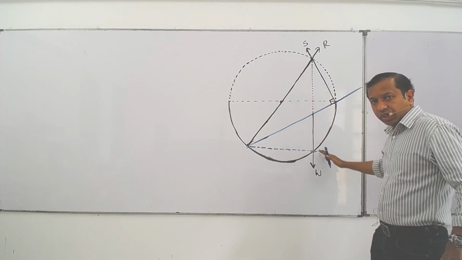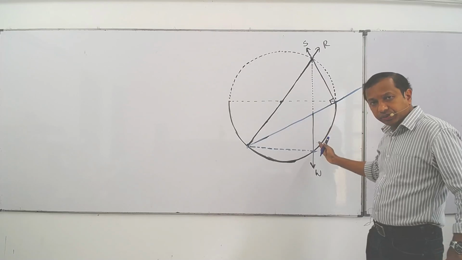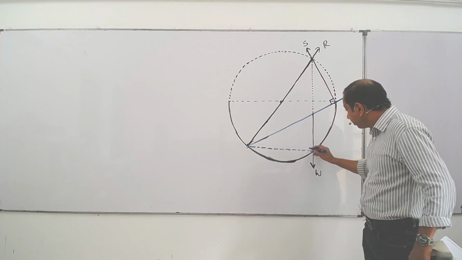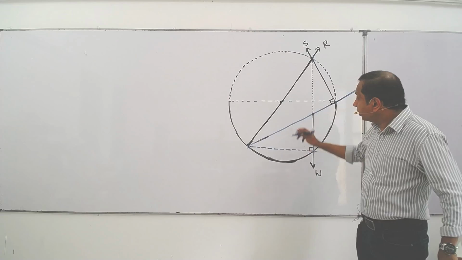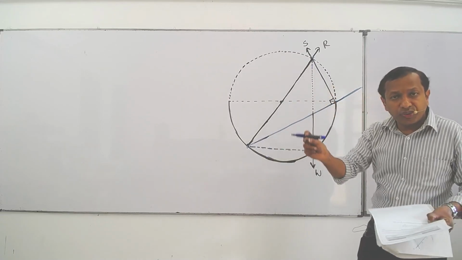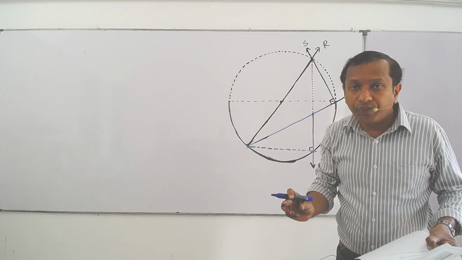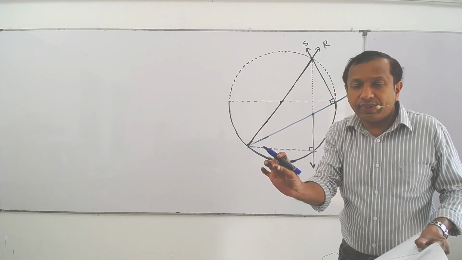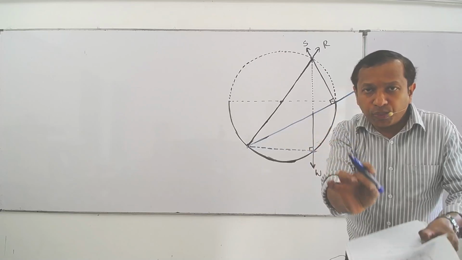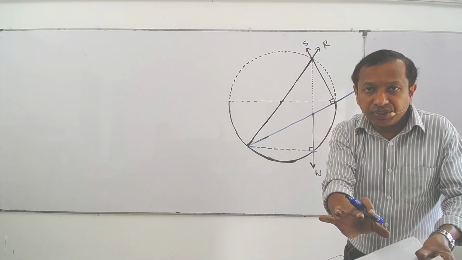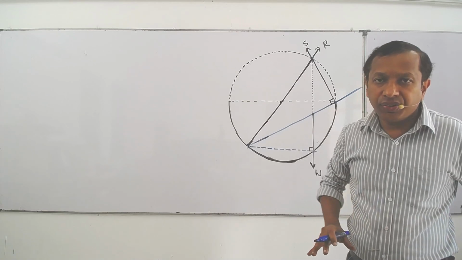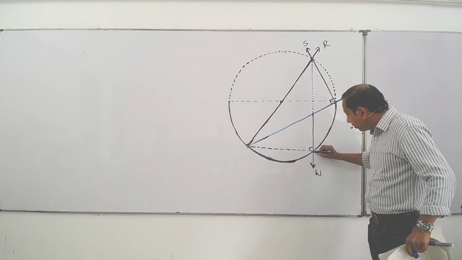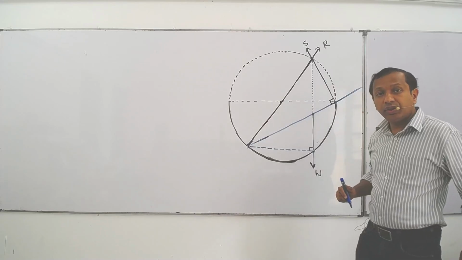The angle between the vertical line and the horizontal line is 90. In a circle, when we join the two ends of a diameter to a point on the circumference, the angle between the two lines is 90. Because of that, the two lines must meet here, on the circumference.